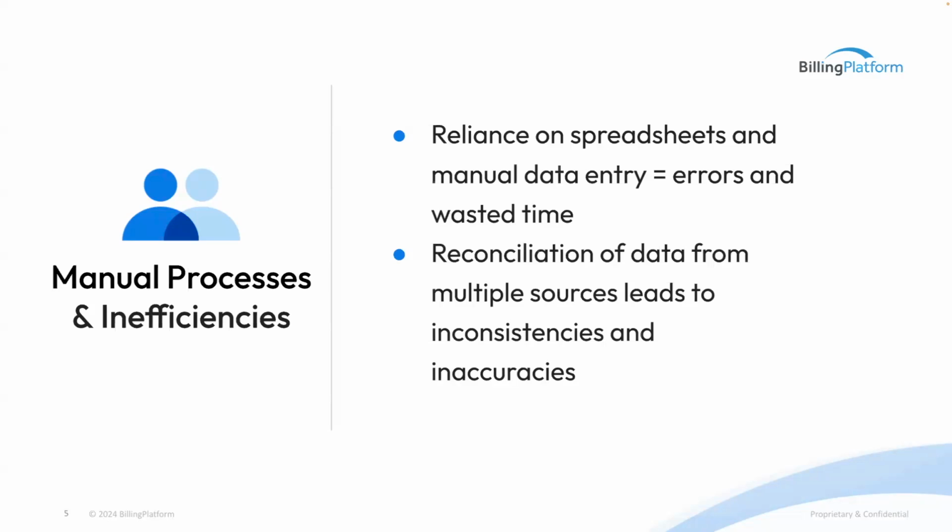Whichever percentage of your revenue management process is still being done manually, there are errors inherent in that because you have human beings entering data, human beings managing spreadsheets, and we're all human, right? We are not machines. So there's risk of error as well as just wasted time. It takes a lot of resources to perform things manually.